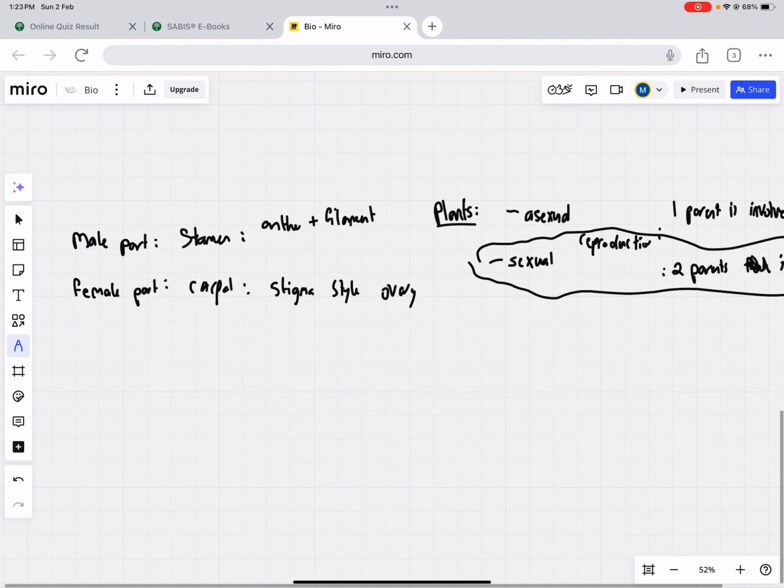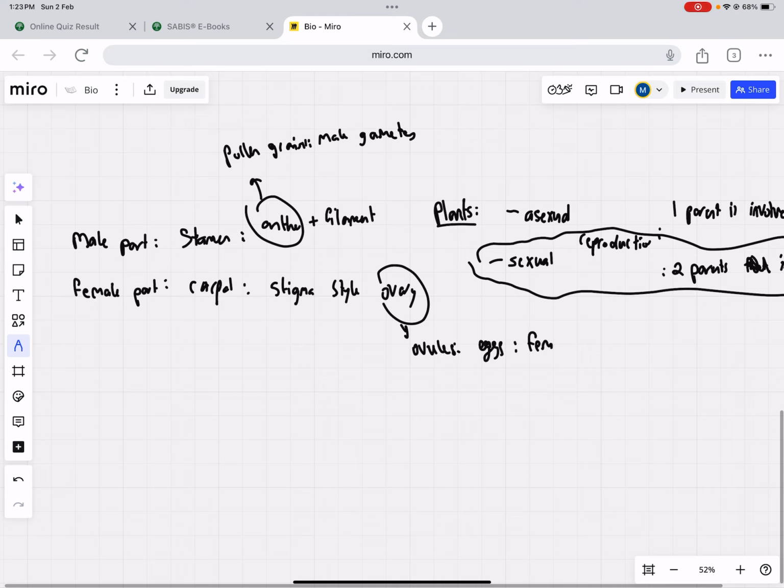So the male gametes are going to be found in the anther, which are the pollen grains. So the pollen grains are the male gametes. While in the ovary, we have ovules, and in the ovules, we have the eggs, which are the female gametes.